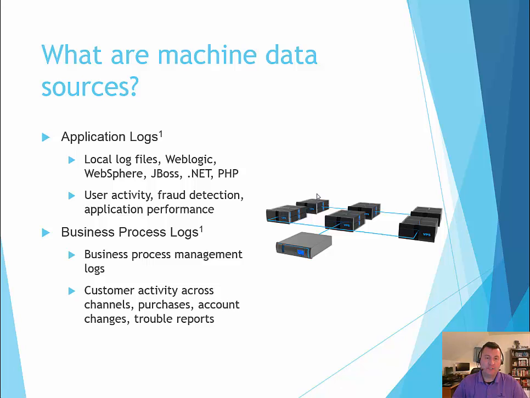Within these application logs, there's user activity, it can be fraud detection, and of course something that's very important is the application performance. Another machine data source is business process logs. These are business process management logs, and they can contain customer activity across various channels, purchases, maybe some account changes, and troubleshooting reports.